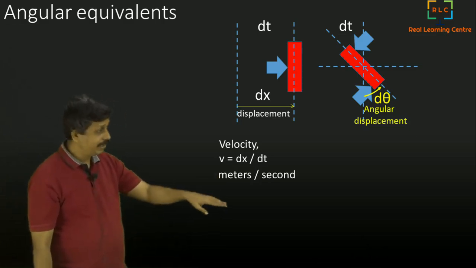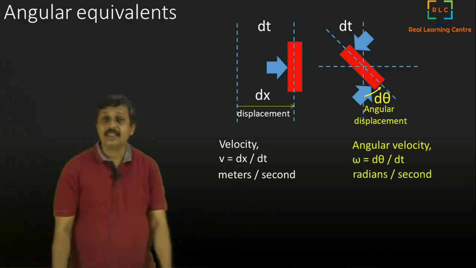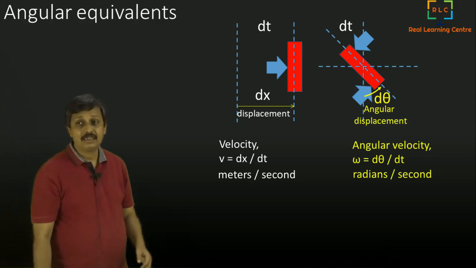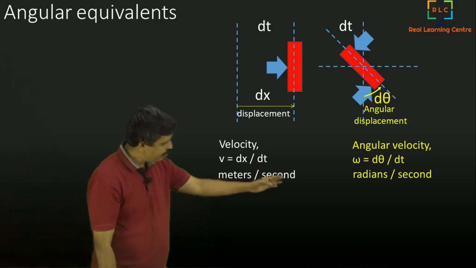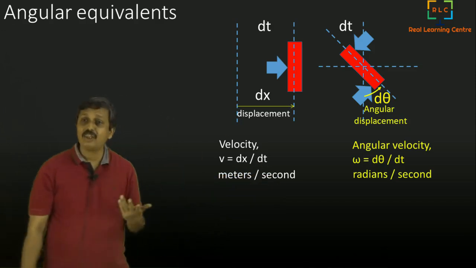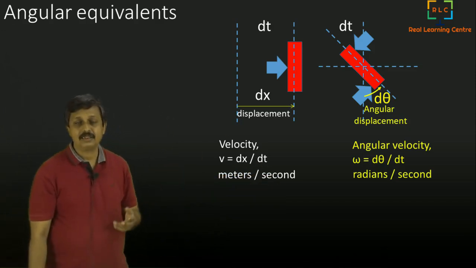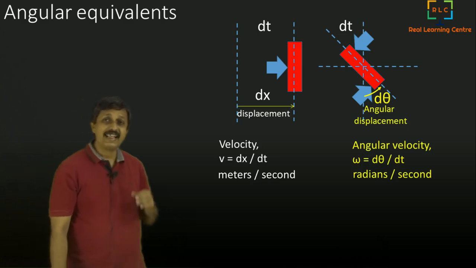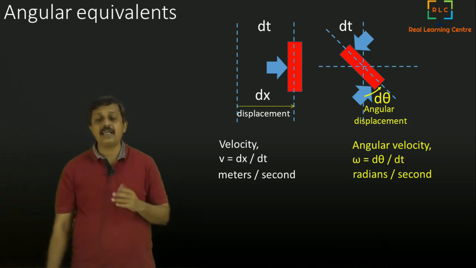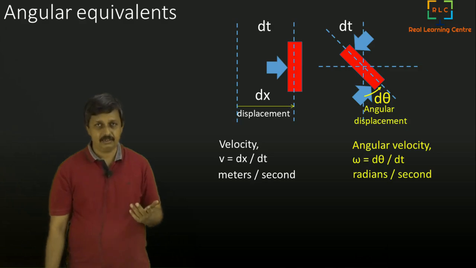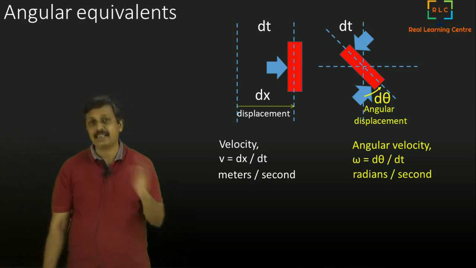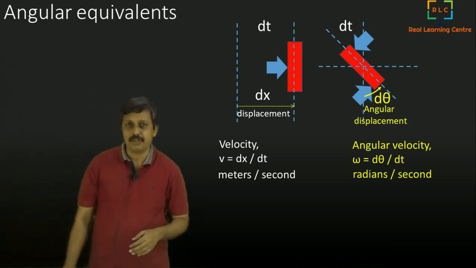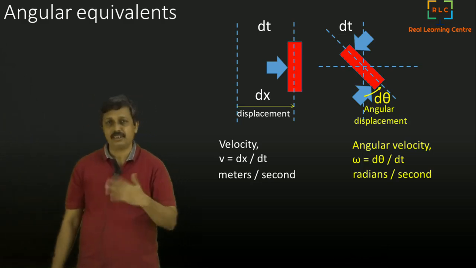Now in angular motion, the displacement is d theta, which is angular displacement. Angular displacement by time is called angular velocity, and it is measured in radians per second. Angle is measured in radians, not in degrees. There is a relationship between radians and degrees. It's like how we measure length in centimeters, meters, inches, and so on.